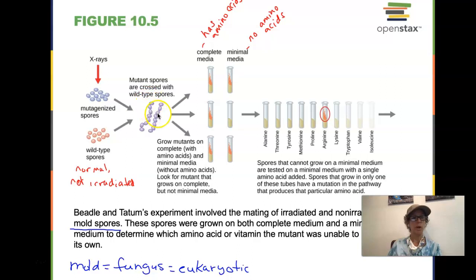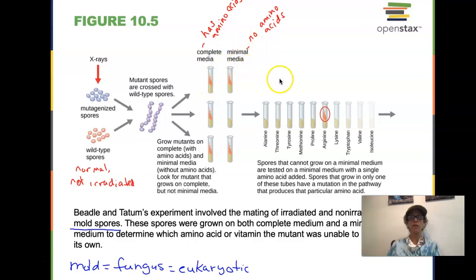And they will probably contain mutated DNA because one of the partners had been exposed to X-rays to damage that DNA. And then grow these mutants on complete media. And that means it has all the amino acids there, so it would provide any food that they would need, but also grow the same mutants on a tube of minimal media.